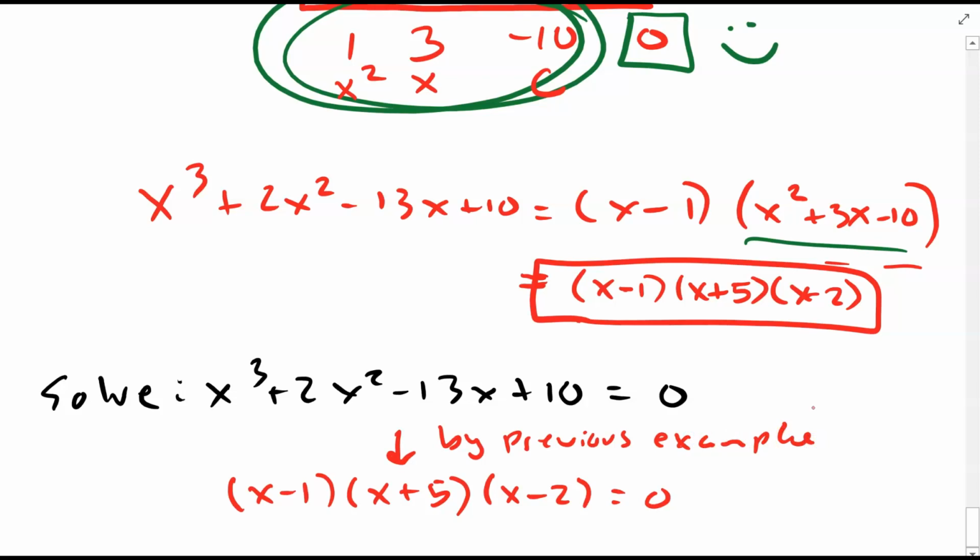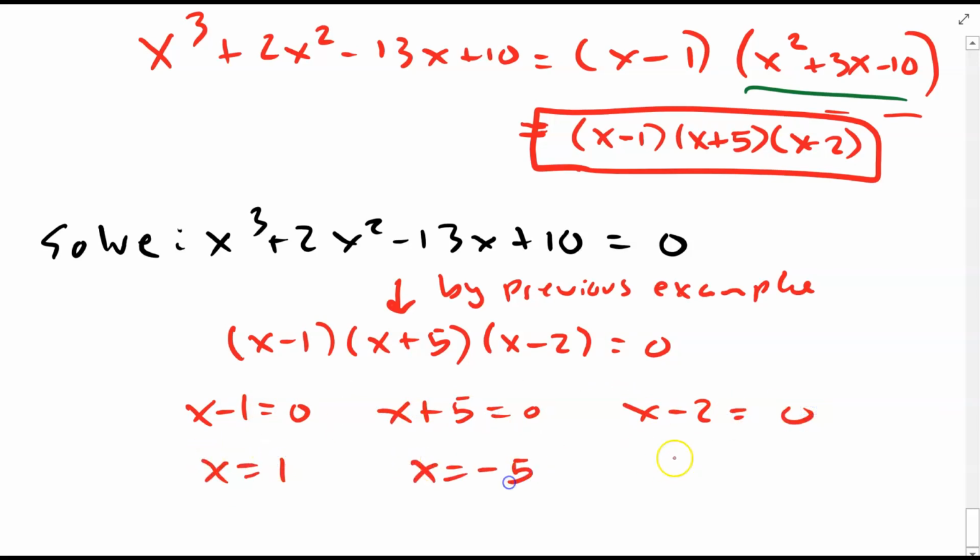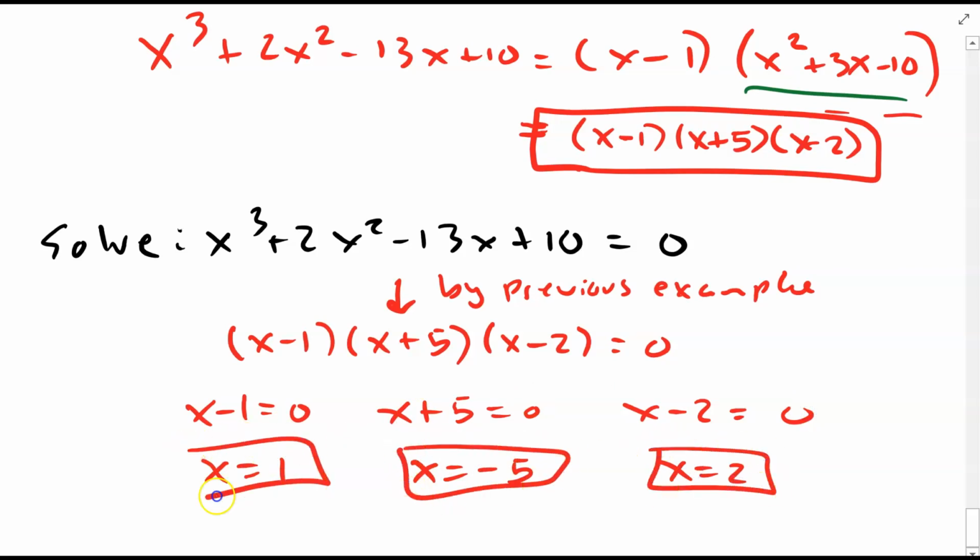And if I have it factored and equal to 0, is this a difficult problem? Heck no, it's not. I just apply the zero product property and set each of these factors equal to 0. And we're done.